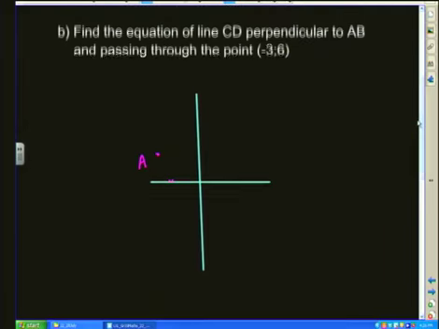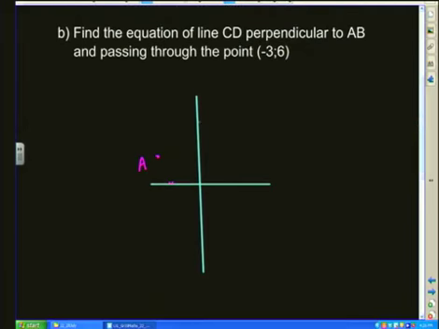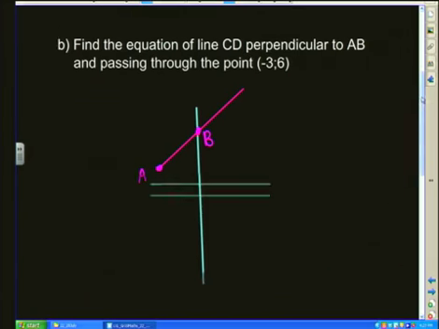So the x value is 0, the y value is 3. That will be on your y-axis. And we can just join those points up. We'll call this one here point B. And we are asked to find the equation of the line that passes through those 2 points.